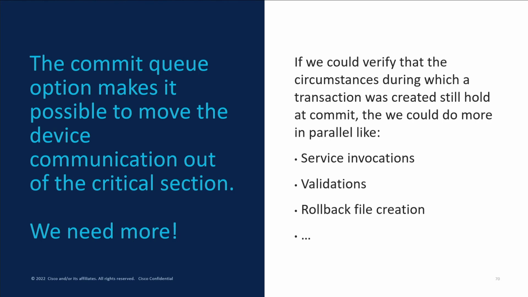So, one of the things that was introduced almost immediately in NSO was commit queues, and that is to move the part that communicates with devices out of the critical section, so we don't have that as a contention. You know all of that. It's complicated, but it improves performance.